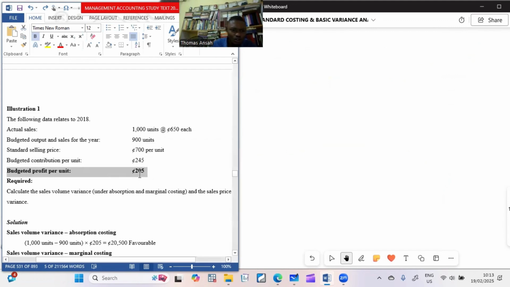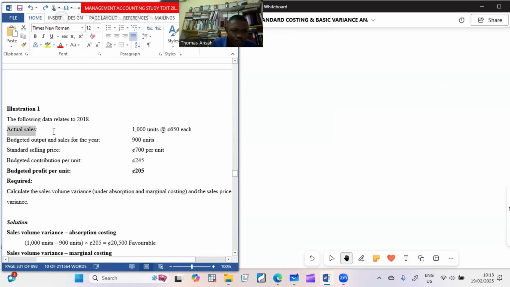And this is your profit, and remember, we talk about profit as your margin. We are looking at the profit element, and it says we should do this under marginal and absorption costing.